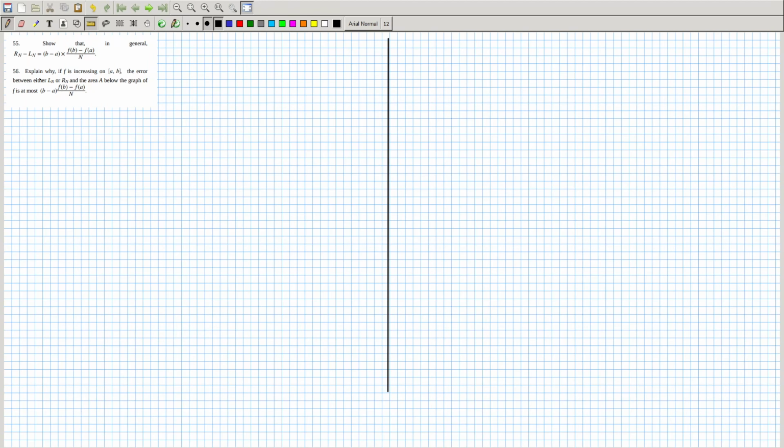Okay. So, we know that the right sum is the sum from n equals 1 to n of delta x, which is b minus a over n, times f of a plus... But actually, you know what?